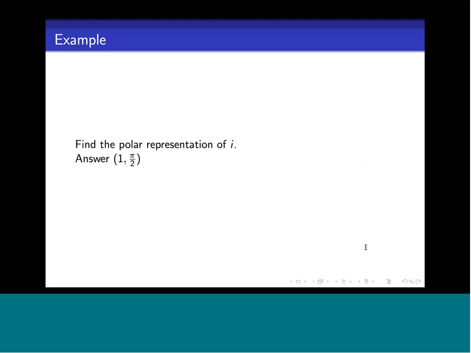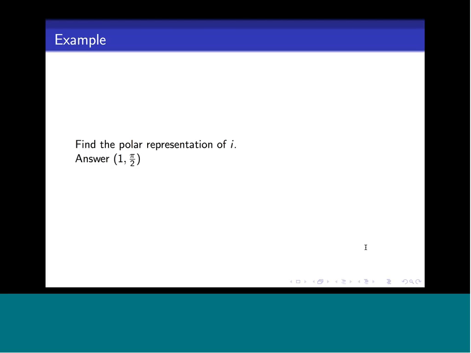Okay, now an example. Find the polar representation of i, which is 1 and pi over 2. So what is the polar representation of negative i? 1 and negative pi over 2, or 1 and 3 pi over 2.